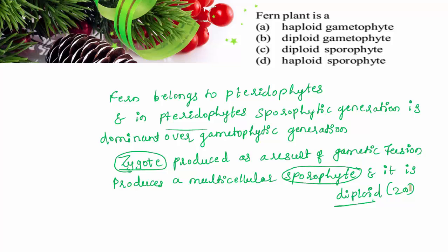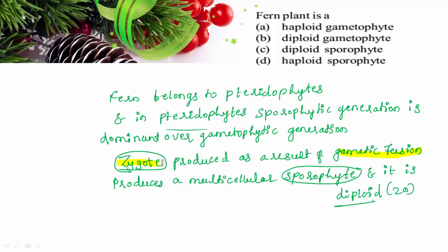The fern plant which belongs to pteridophyte has sporophytic generation as the dominant generation, and this is produced from the zygote, and the zygote is the product of gametic fusion.